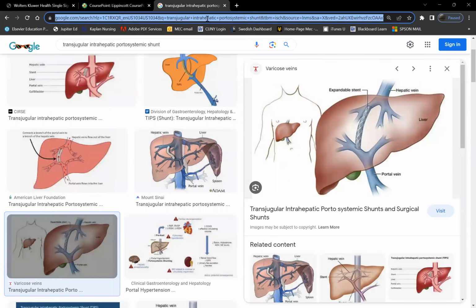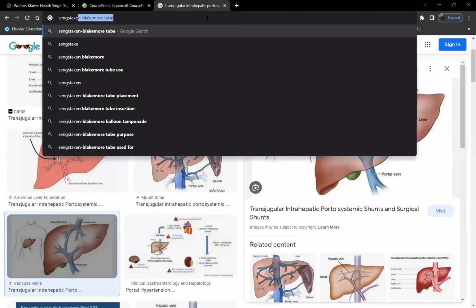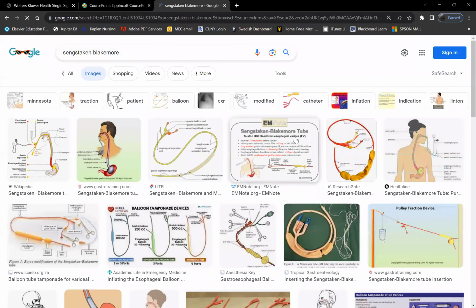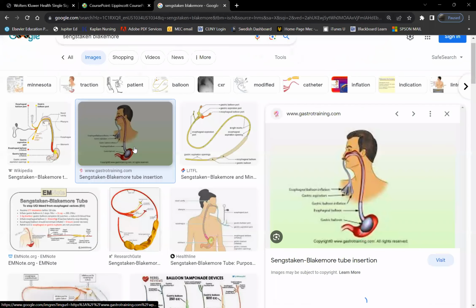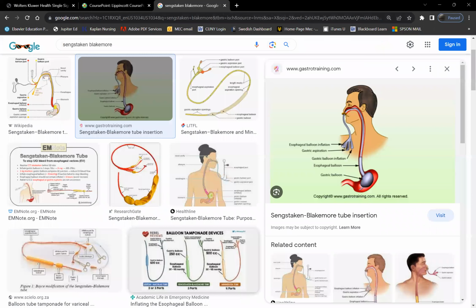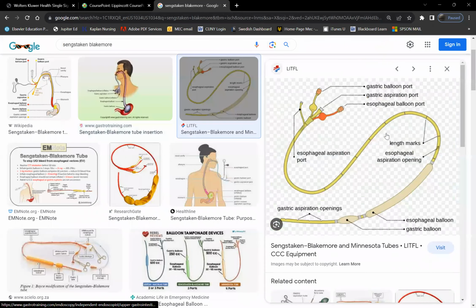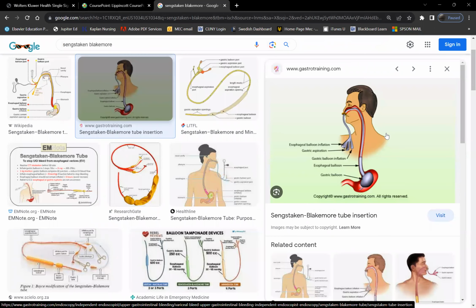The name of the tube is Sengstaken-Blakemore. Look at the size of this tube. The diameter is about half of my arm. Okay, that big.